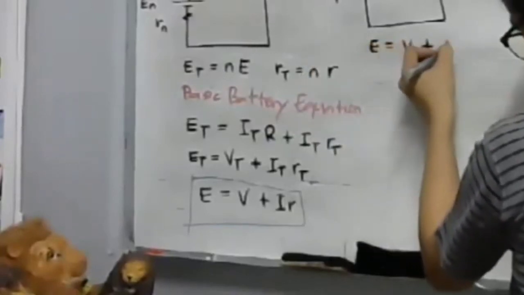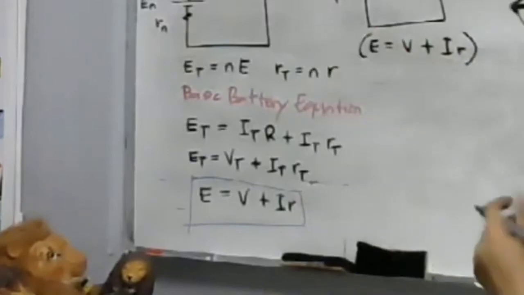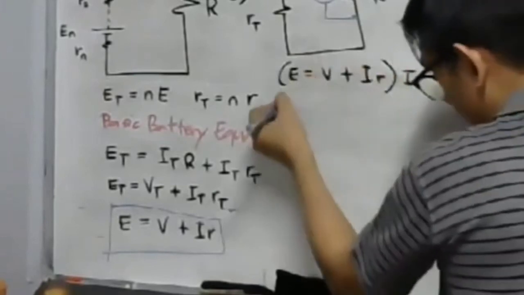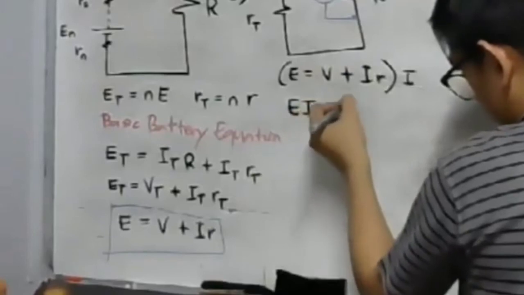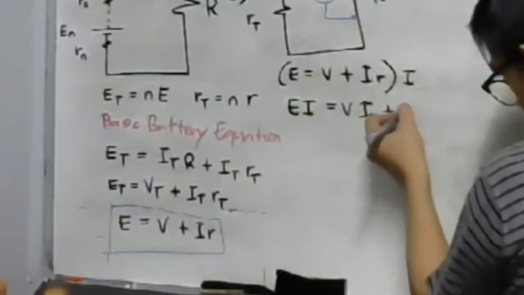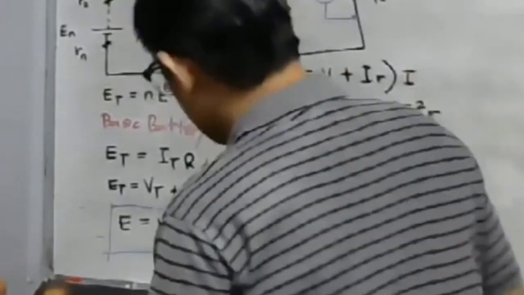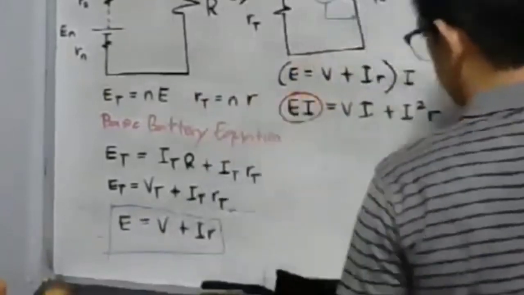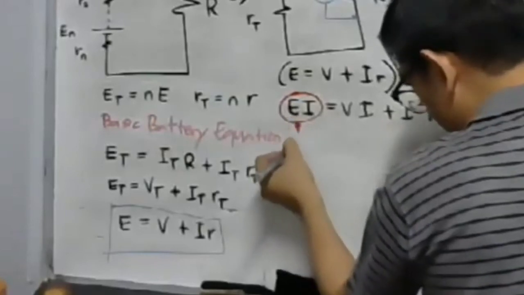Okay, so we have IR. Multiply it by I. This will become EI, which is equal to BI plus I squared R. What is our EI? Our EI is our power input.